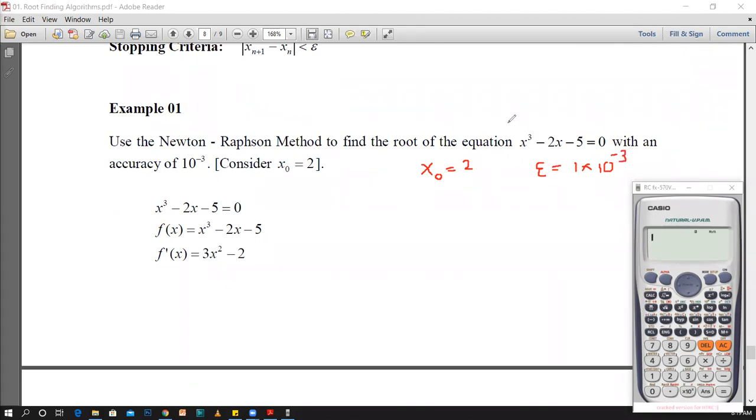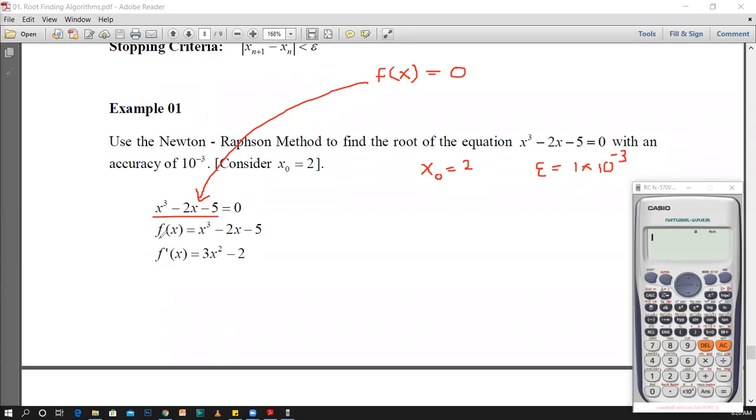And the equation you have is x cube minus 2x minus 5 equals 0. If you are using the Newton-Raphson method, you should have an expression in the form f(x) equals 0. You can see that this equation is equal to 0, therefore you can define f(x) as x cube minus 2x minus 5.